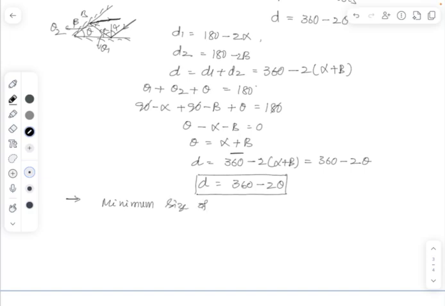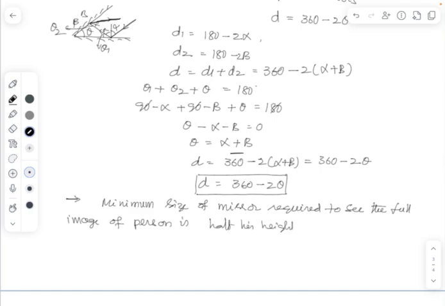Minimum size of mirror required to see the full image of a person is half his height.